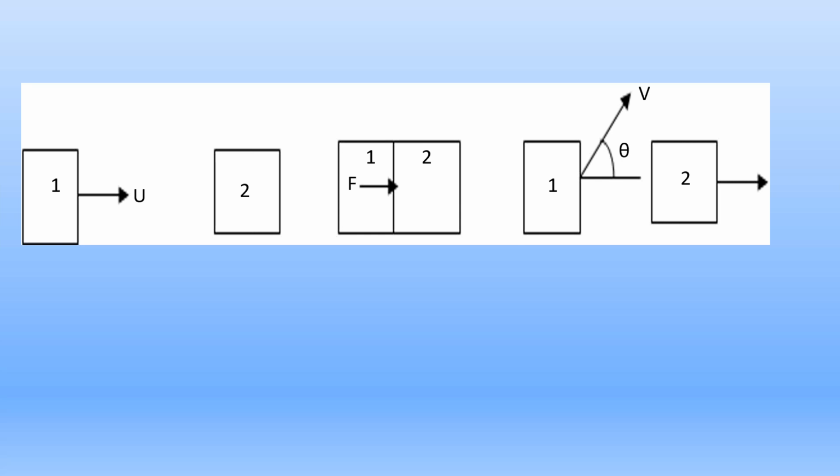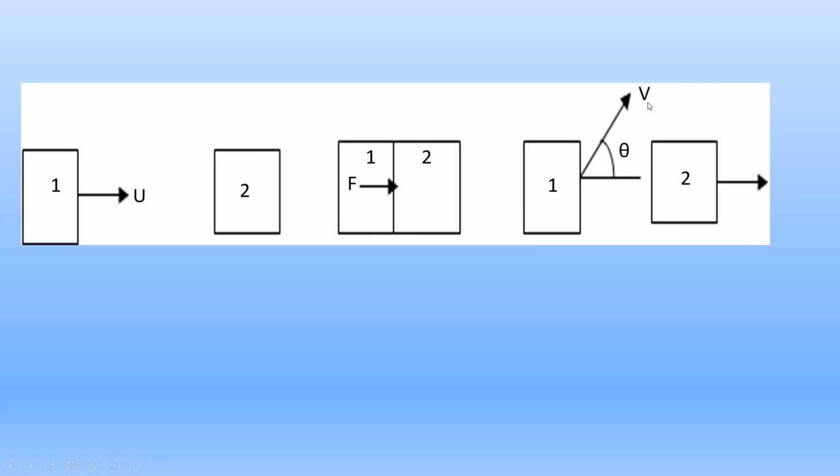So in that example, F equals mu minus mv divided by time. Whereas in this example, the final velocity is not in the direction of the force F. Force F is horizontal, whereas the final velocity is inclined. So here, F is not equal to mu minus mv by time.